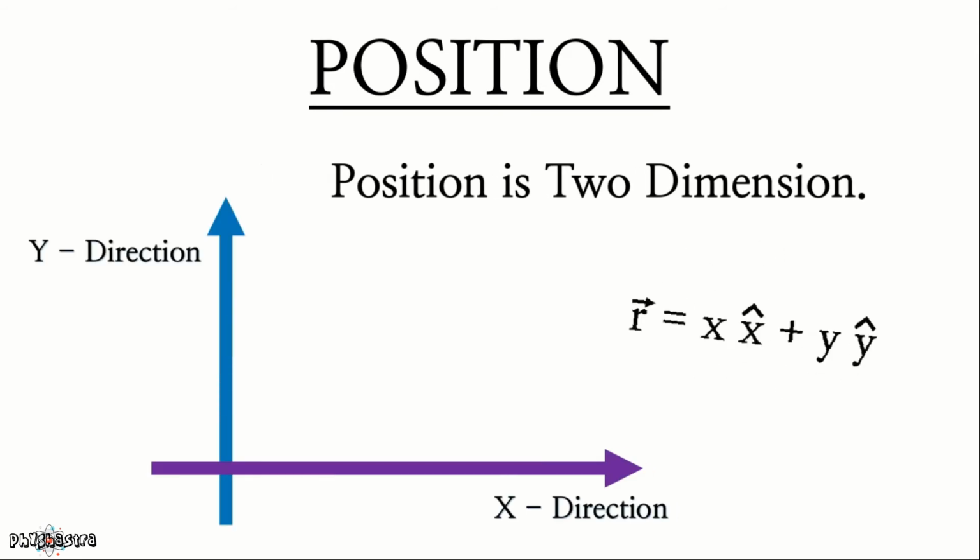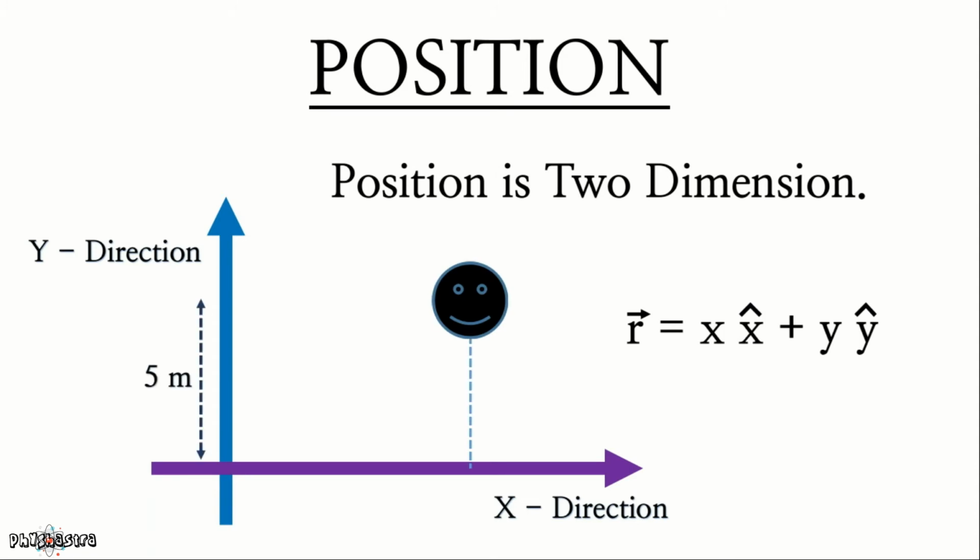Consider Mr. Smiley is standing above x-axis at 5 meter and from origin of x-axis he is standing at 6 meters. Then the position can be represented as vector r equals 6 x cap plus 5 y cap. Or it will be more sensible if you say 6 meter in x direction and 5 meter in y direction.